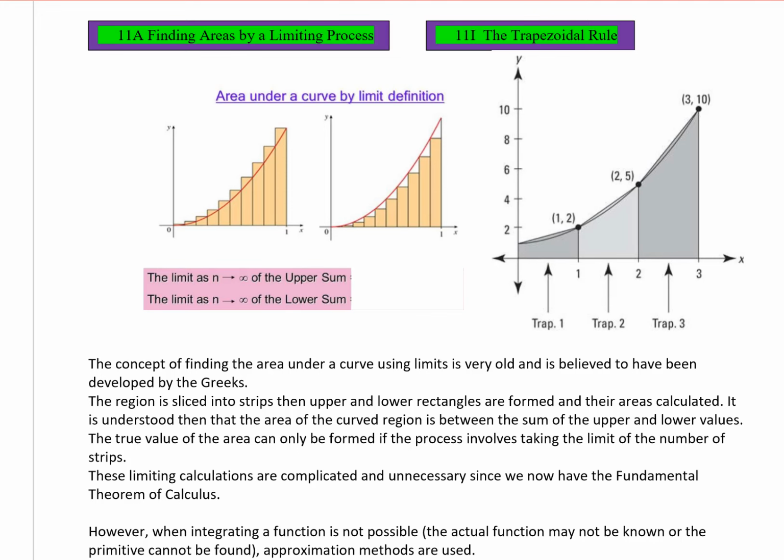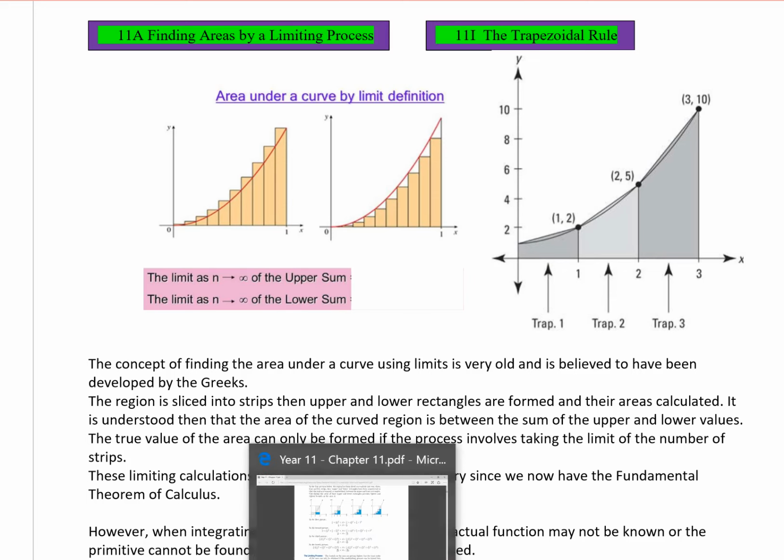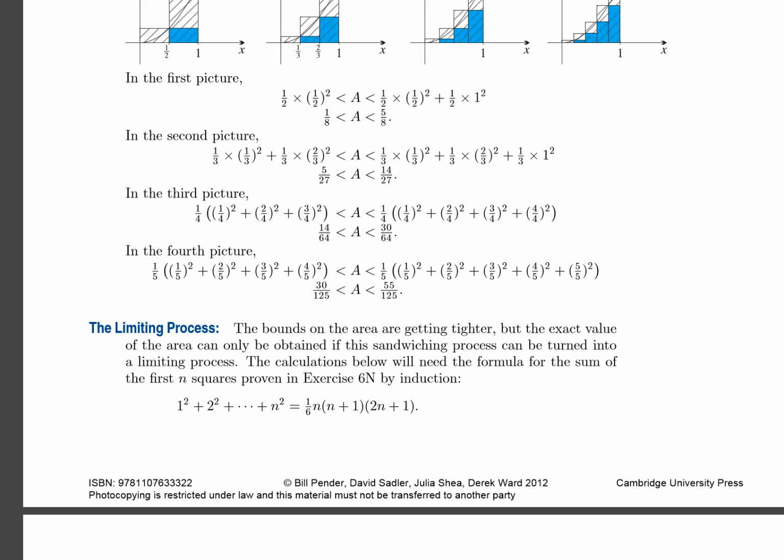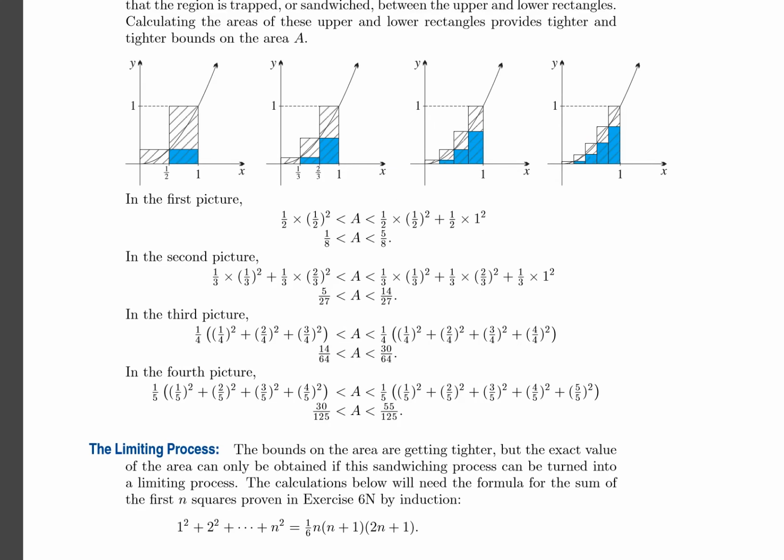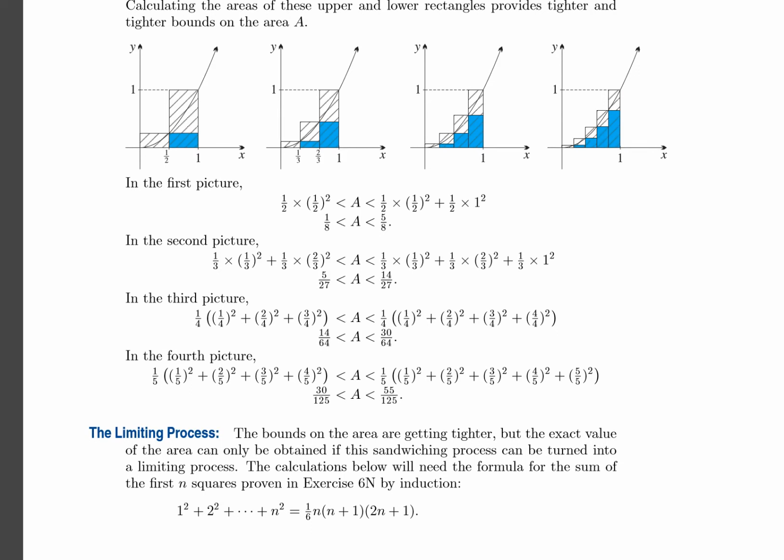So if you think about finding the area under a curve and the tools that the mathematicians had in pre-calculus times, then they would have been thinking about using their area formulas, obviously. If I just switch to the textbook, it actually nicely shows some diagrams here.